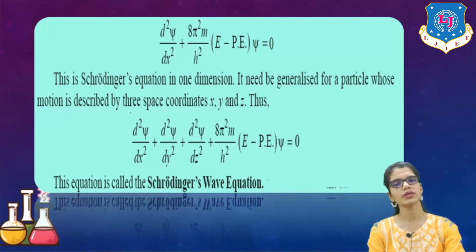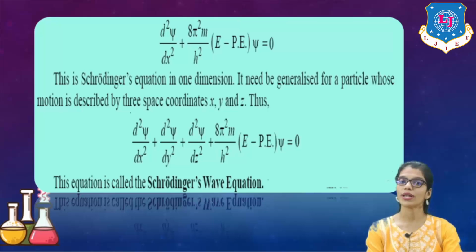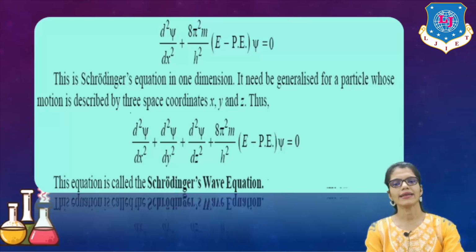Another one can be d square psi by dz square plus 8 pi square m by h square into E minus P into psi is equal to 0. So in whichever direction our particle moves, we can find the position of it using this kind of equation, right? This is known as Schrodinger's wave equation for one dimension, any kind of one dimension, okay?